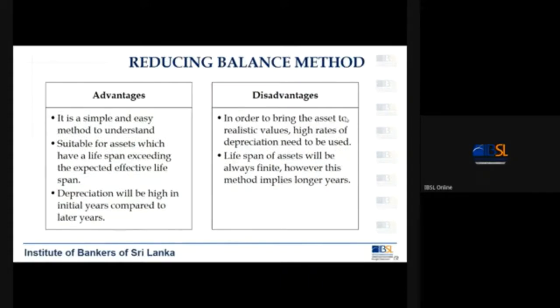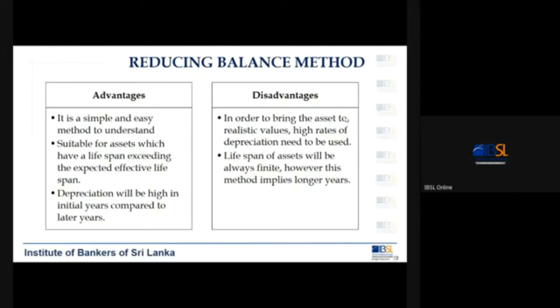The reducing balance method, again, is very easy to understand and use. It will be suitable for assets which have a lifespan exceeding the expected life. And the depreciation will be high in the initial years compared to later years. You will see that now when we do the calculation.